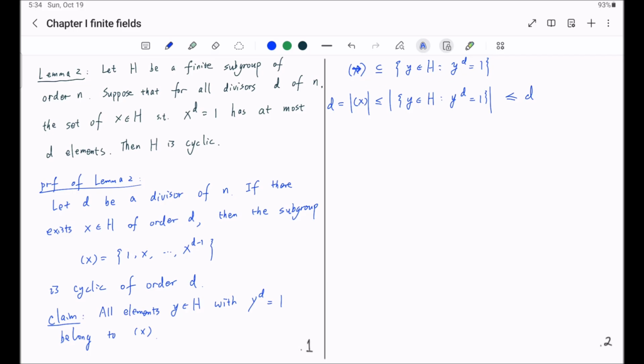So as two sets, they must actually be equal. And this verifies this claim. And now, an immediate consequence of this claim is that all elements in H of order d must satisfy this equation and therefore must belong to the cyclic subgroup generated by x.